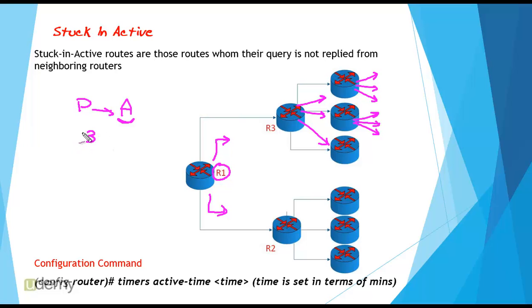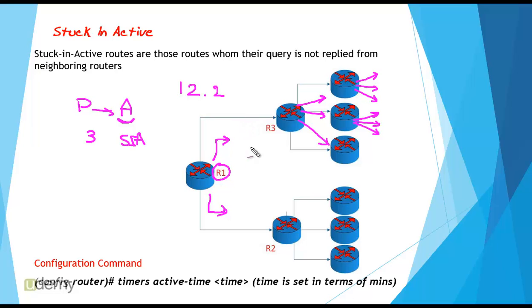And if router 1 does not receive reply messages from router 3 and router 2, the failed route goes to stuck in active status, SIA. But what would routers do when the route goes to stuck in active status? It depends on your IOS version. In IOS before 12.2, routers break down the neighborship of that router.